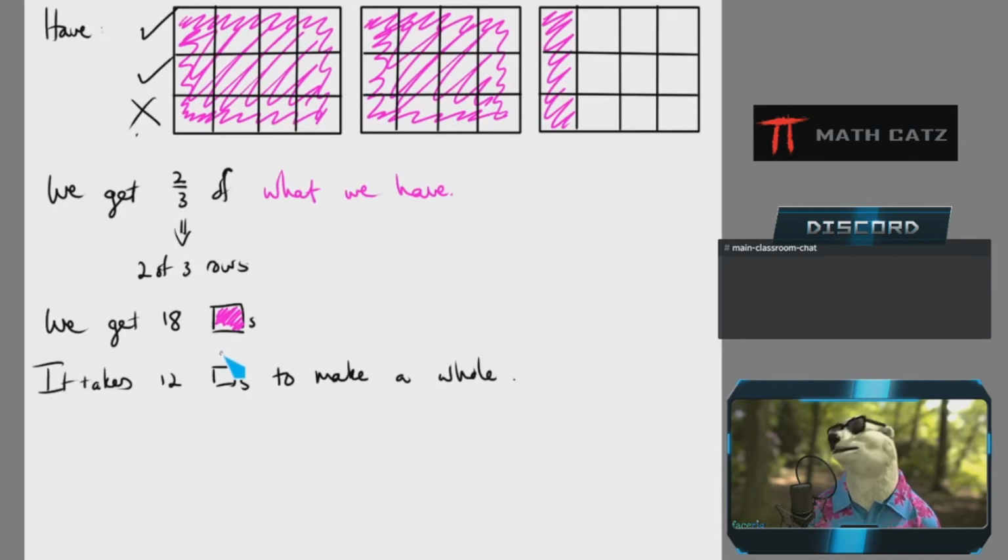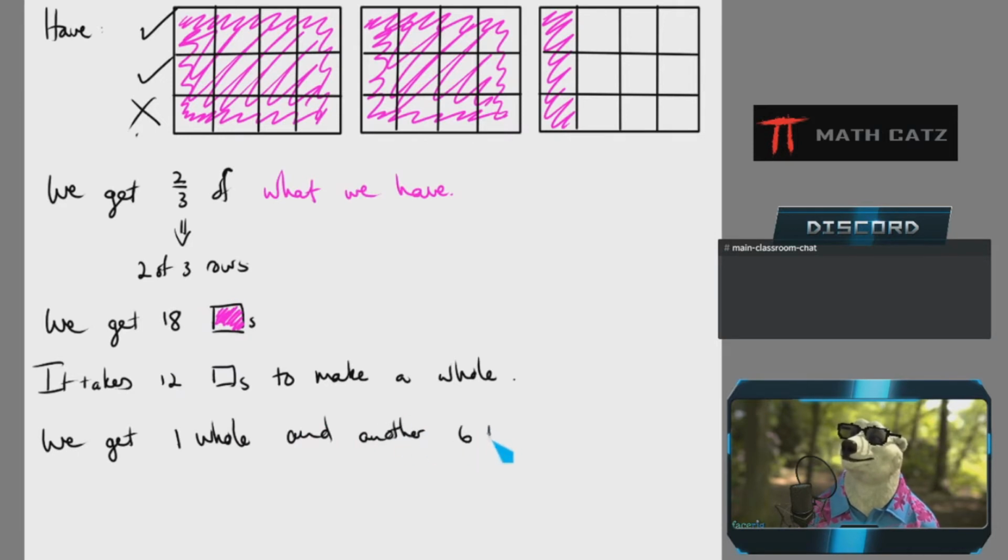We got to keep 18. Very nice. So we get one whole rectangle, or enough for one whole rectangle. I can put my pieces back and, like a puzzle, make a whole loaf of bread. And another 6 pieces.